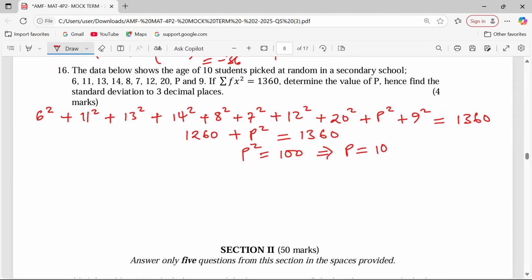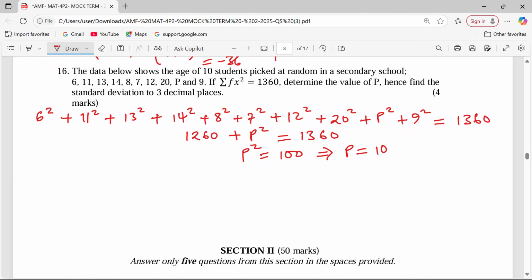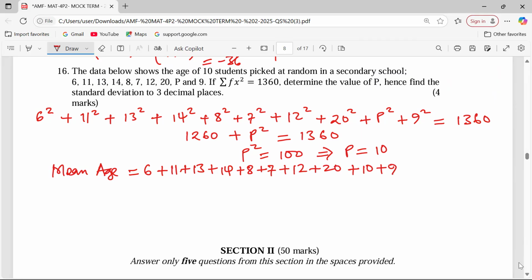Then now we proceed to say, how do we get variance? For us to get variance, we're supposed to get the mean first. So what is the mean age? Mean age is going to be all the values added. 6 plus 11 plus 13 plus 14 plus 8 plus 7 plus 12 plus 20 plus 10, because P has been known now, plus 9.